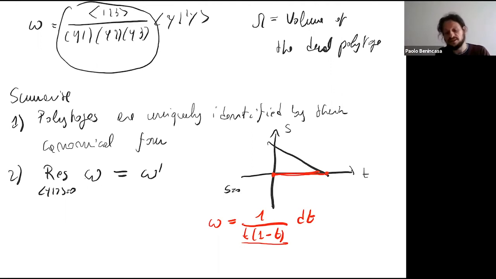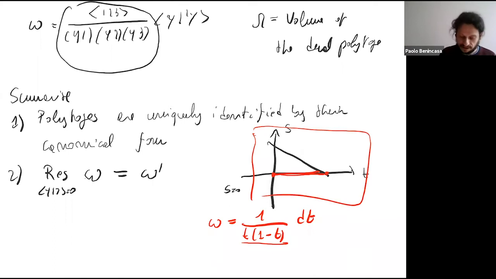And what is the result of that? In this specific case of the triangle, I'm taking the intersection of my triangle with this plane, and this is what is left over.